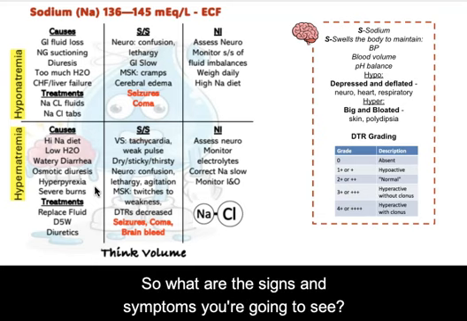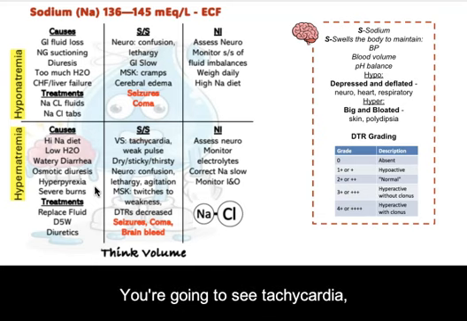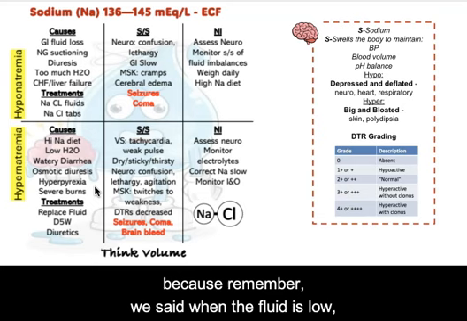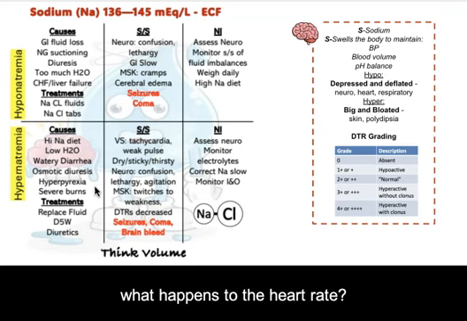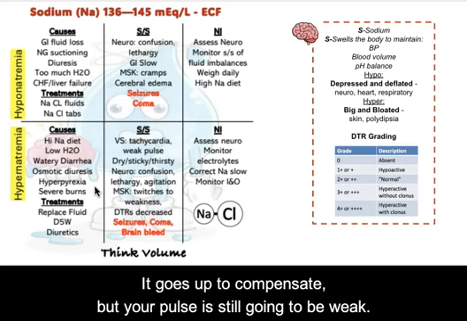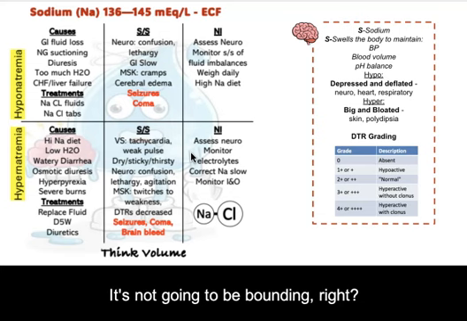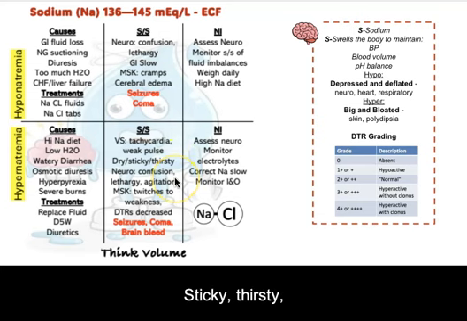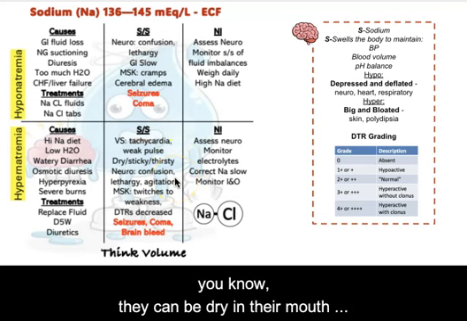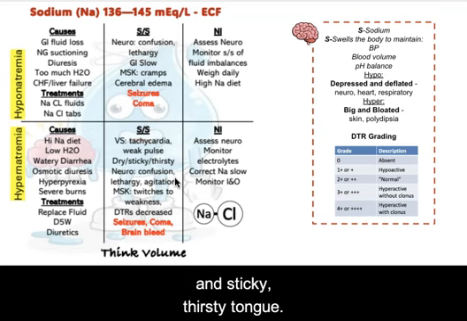So what are the signs and symptoms you're going to see? You're going to see tachycardia and a weak pulse, because remember we said when the fluid is low, the heart rate goes up to compensate, but your pulse is still going to be weak. It's not going to be bounding, right? They can be dry, sticky, thirsty. They can be dry in their mouth, with a sticky tongue.